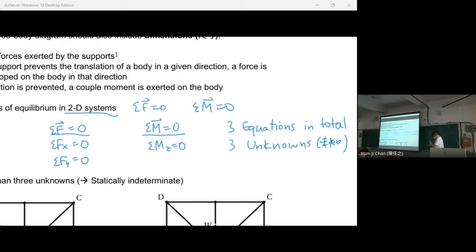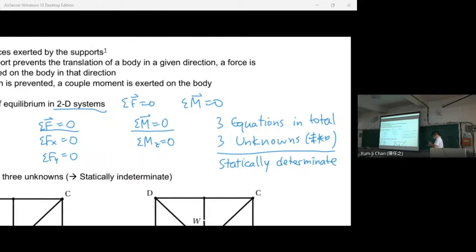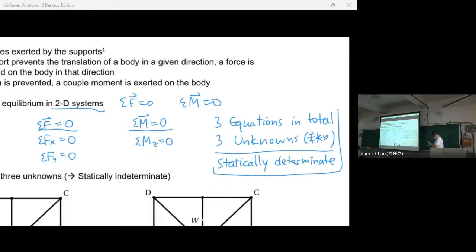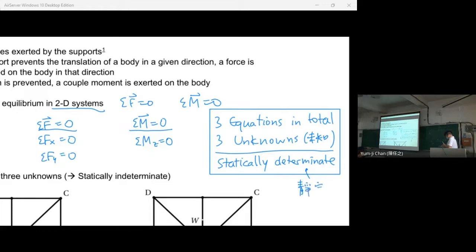This is called statically determinate. You may come across the Chinese term in the future, okay?